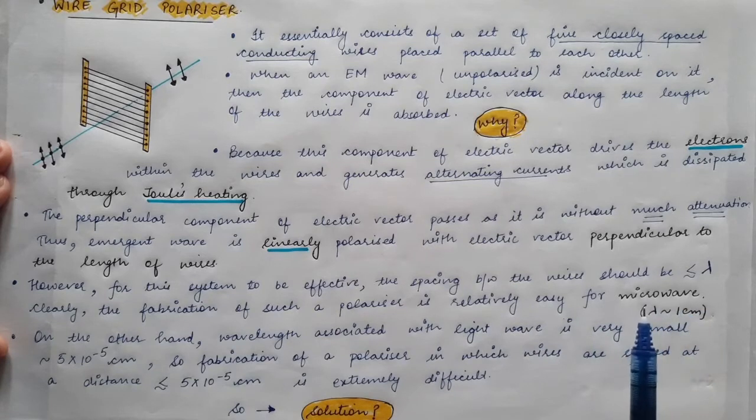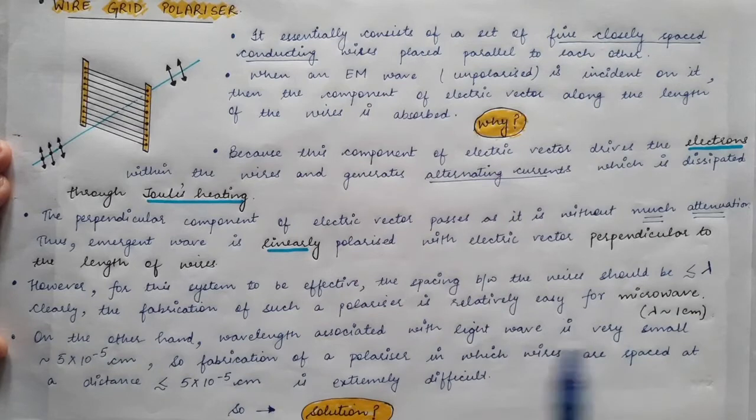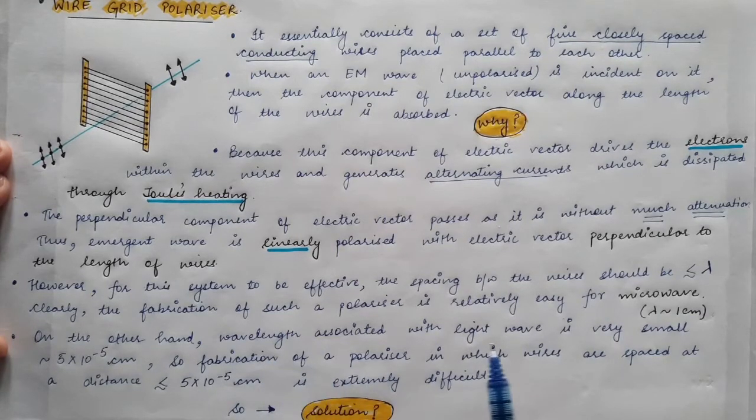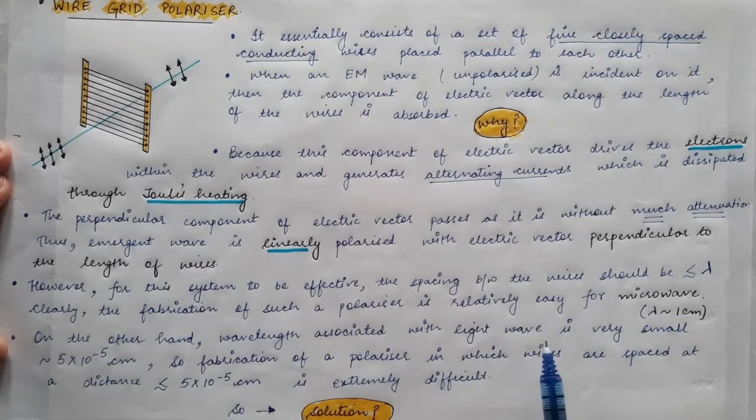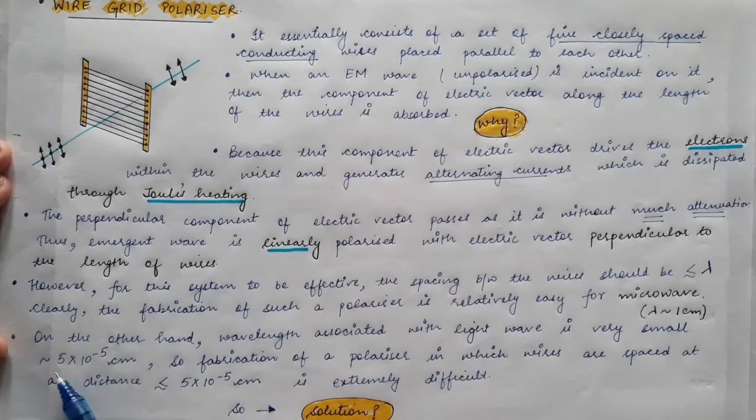But if we are talking about polarizing the light wave, meaning the visible light, then on an average the light wave has a wavelength which is around 5 into 10 power minus 5 centimeter. The wavelength of microwave is around 1 centimeter, whereas visible light has a wavelength of the order of 5 into 10 power minus 5 centimeter.